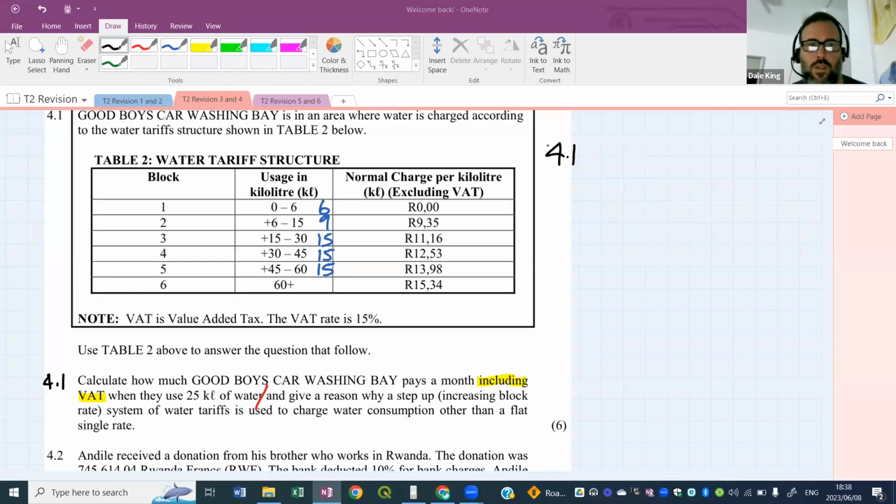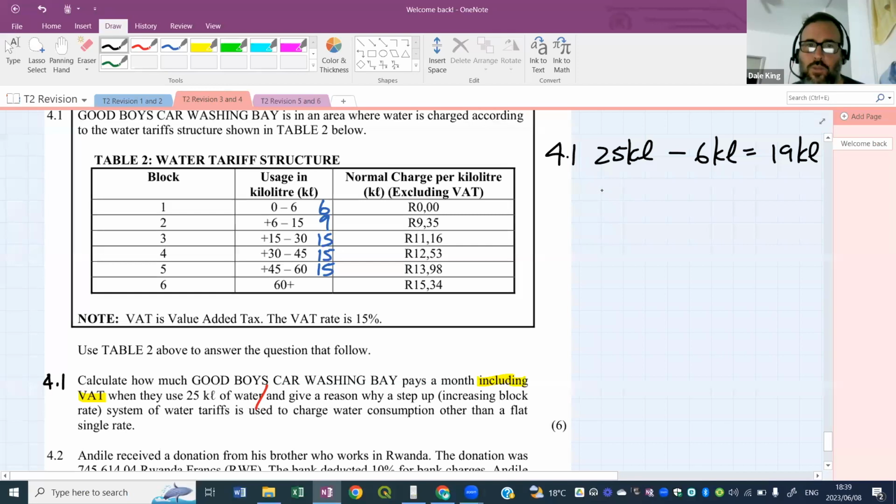Okay, so what we're going to do is we're going to take my 25 kiloliters here, and Vuyo, you can check on me here. All right, I've got 25 kiloliters. The first 6 in the first interval must come off. So I'm going to take that first 6 kiloliters off, which means I'm left with 19 kiloliters.